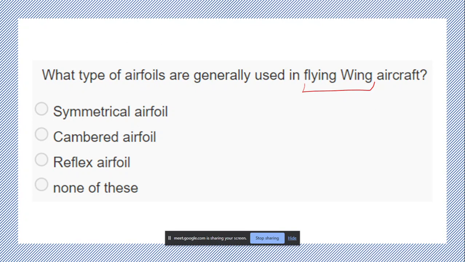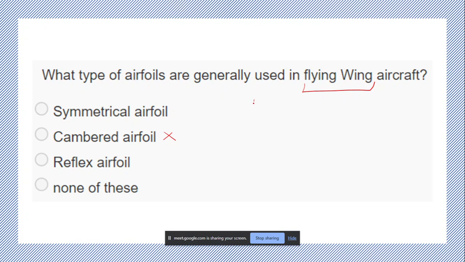Think about it. Yes, so it cannot be cambered. He's right. Okay, we eliminated that.